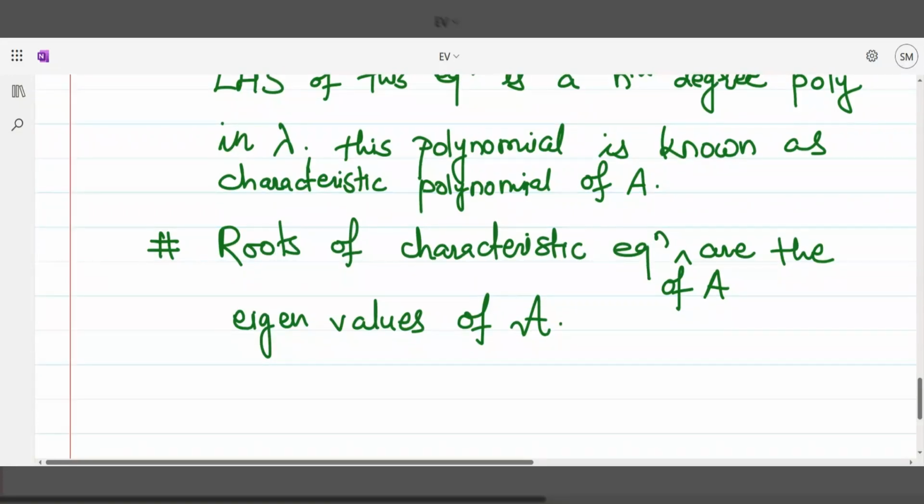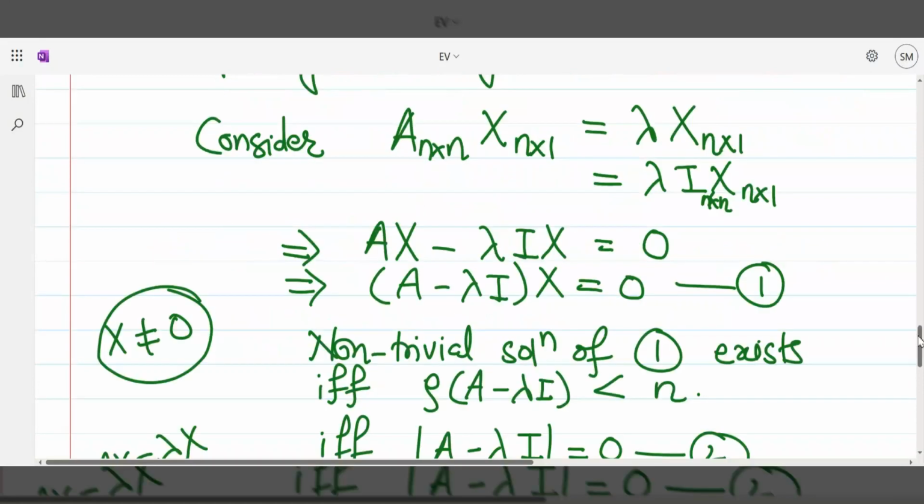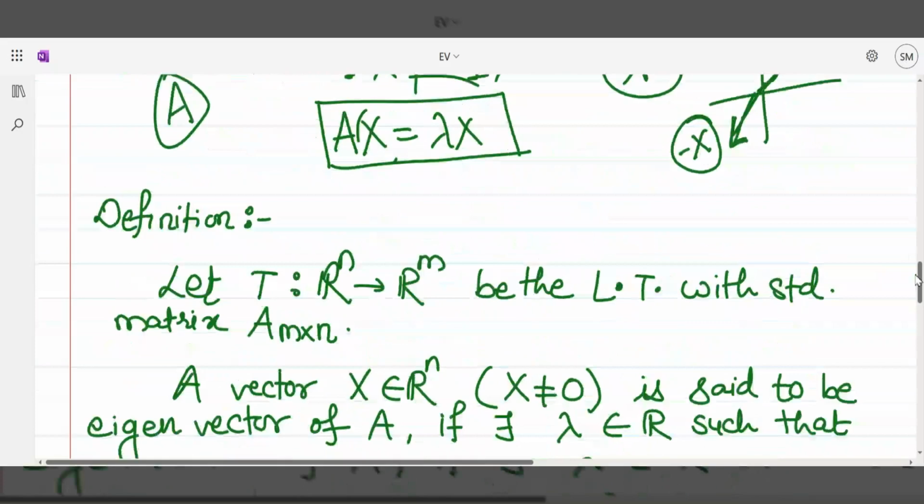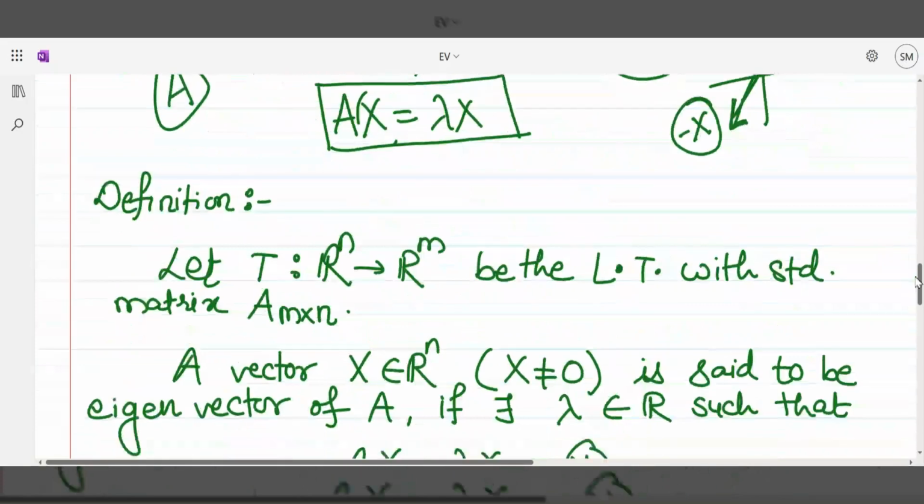Here, in the starting, let me just correct something. T is a linear transformation from Rn to Rn, with a standard matrix A whose order is n cross n.